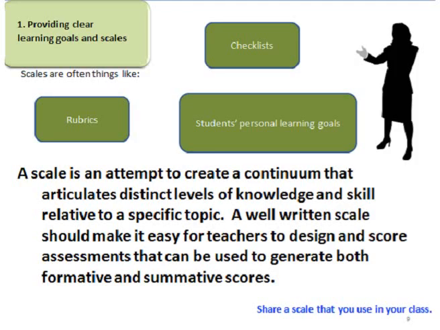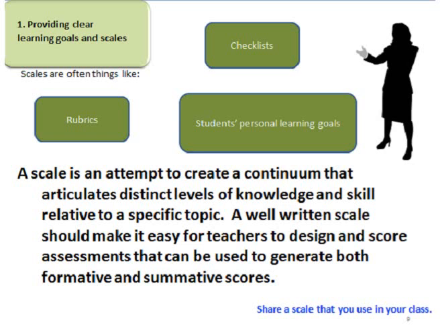In addition to providing clear learning goals, scales are included in the first strategy. Scales are things like rubrics, which assign a simple number to a behavior. Checklists, which include a set of student behaviors that need to be completed for a certain grade. And also students' personal learning goals that the student establishes for their personal level of understanding or learning.